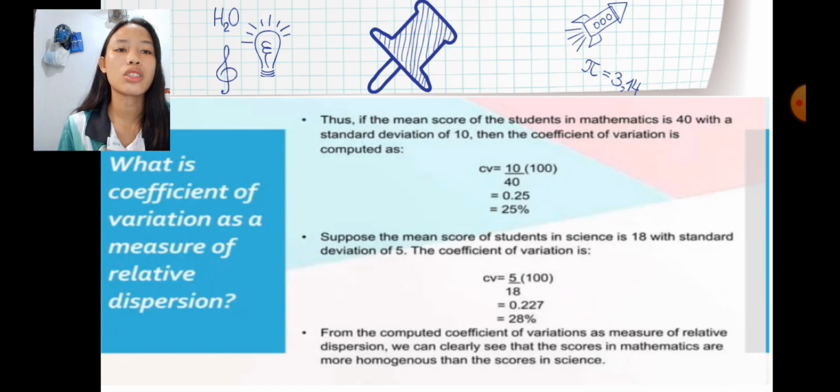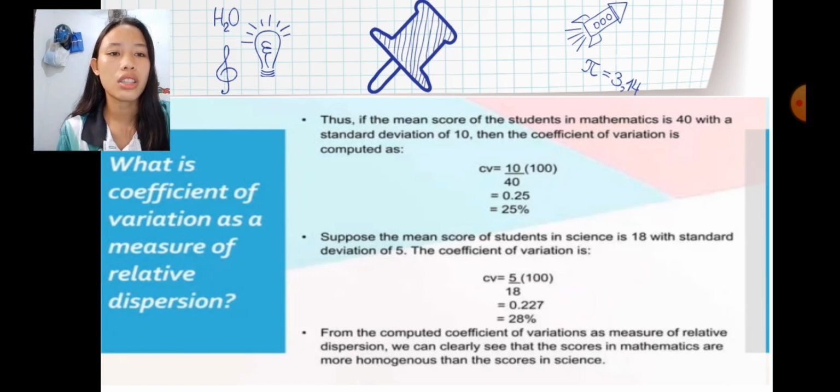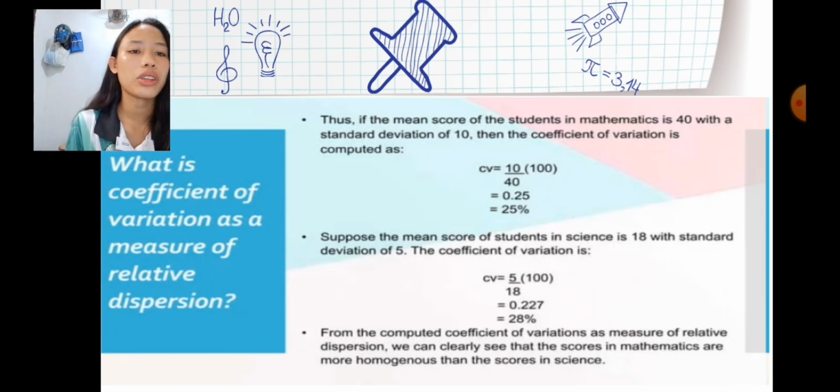Suppose the mean score of students in science is 18 with a standard deviation of 5. The coefficient of variation is equal to 5, which is the standard deviation, over 18, the mean score of the students in science, which is equal to 0.277.